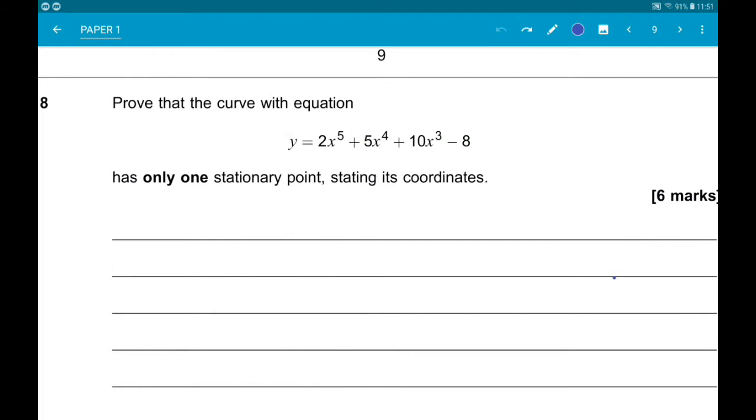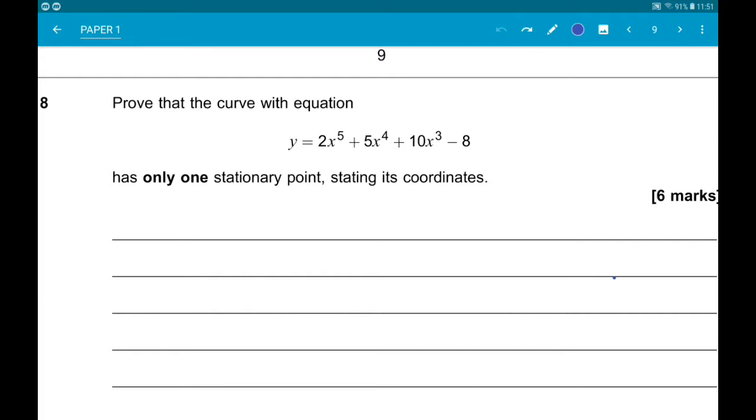Number 8 is another nice 6 marker, so we want to prove that the curve with equation y equals 2x to the 5, add 5x to the 4, add 10x cubed minus 8 has only one stationary point, stating its coordinates. Okay, so for 6 marks we need to be good and thorough in our working. First of all, a stationary point is a point where the gradient is 0.